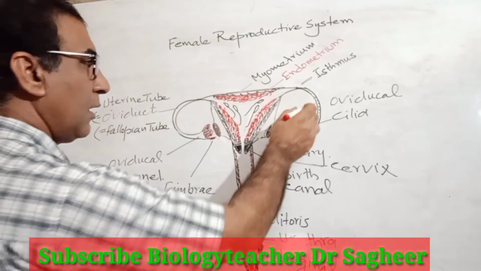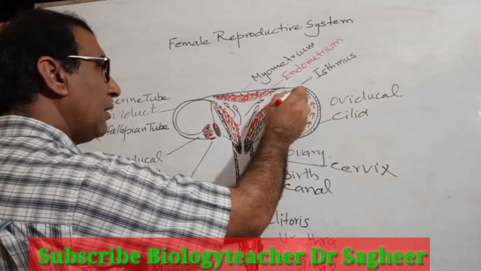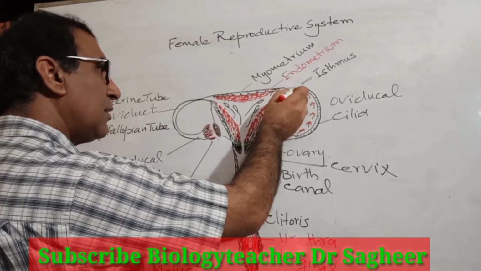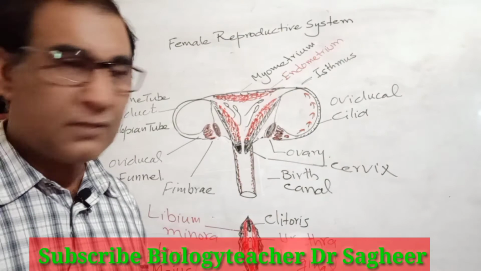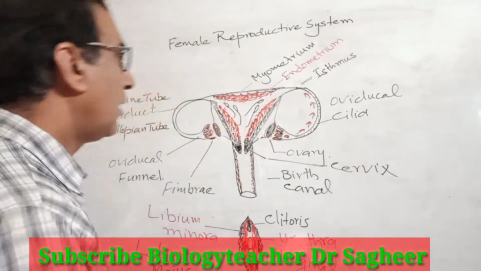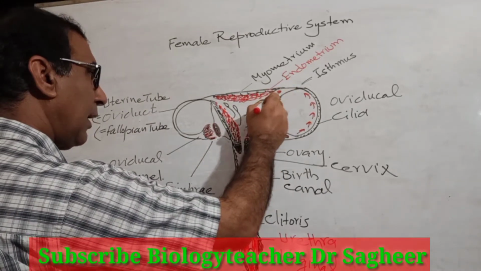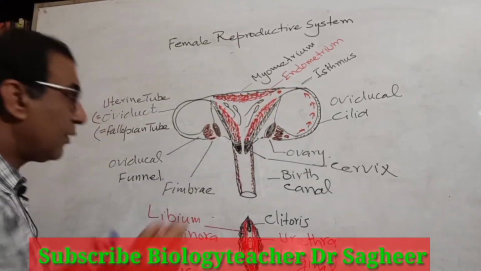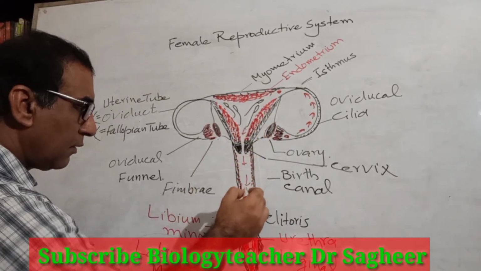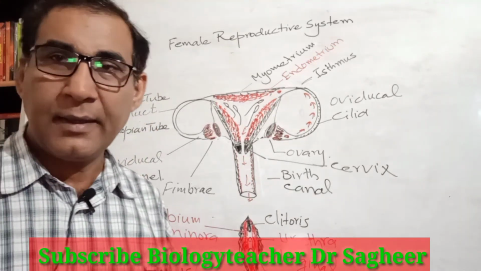Subsequently it would reach here. It would pass this constricted part of the oviduct, which is known as the isthmus. It reaches here, and it will be released from here. Clear?